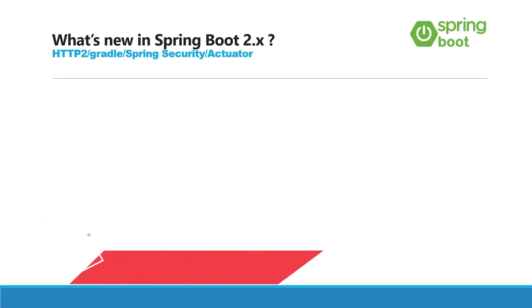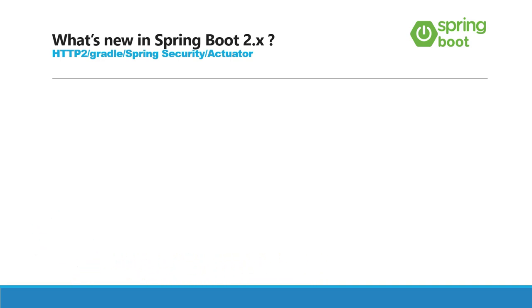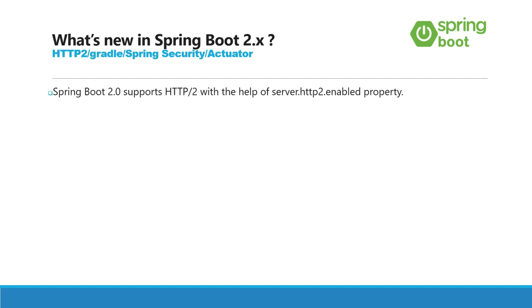Now let's move ahead. In this point we'll discuss some of the upgrades with respect to HTTP2 support, Gradle support, Spring Security, and actuator enhancements in Spring Boot 2. Spring Boot 2 supports HTTP2 with the help of the server.http2.enabled property.